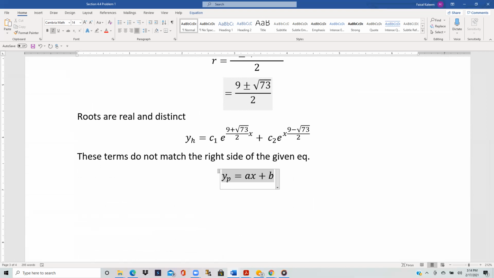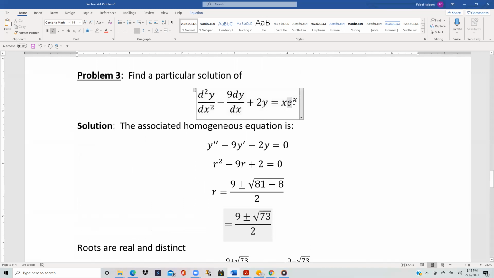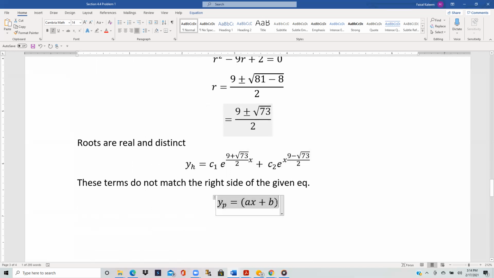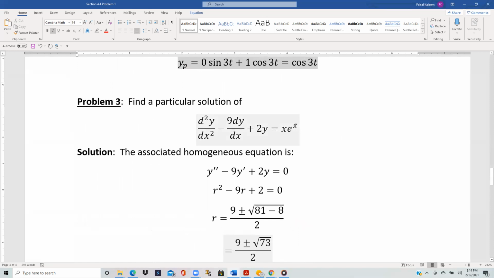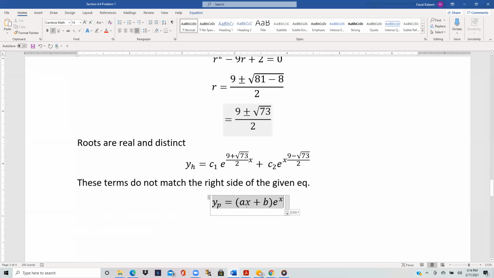Ax plus b, that's the most general polynomial of degree 1, and times e to the x, because e to the x was already there. If this had just been e to the x, then we would just write Ae^x, a constant times e^x. And let's say if this had been an x squared, then here we will write ax squared plus bx plus c, because that's the most general polynomial of degree 2, and so on.